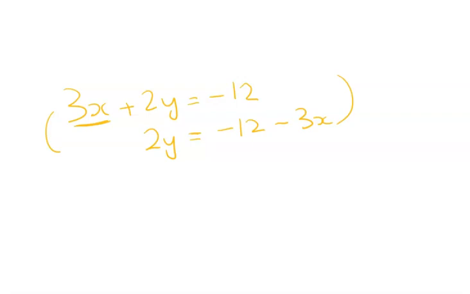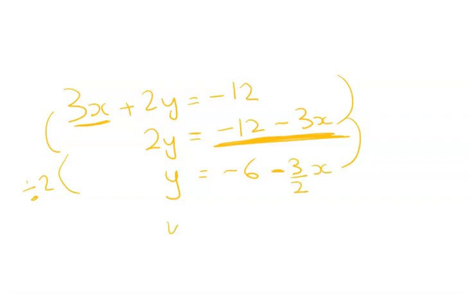And now I've got 2 times y, so I want to just have one lot of y, so I'm going to divide everything through by 2. So over here, I need to divide all of this by 2. -12 divided by 2 is -6, and here I'll have -3 over 2x, so 1.5x. And I can rewrite that as y equals -3 on 2x minus 6.